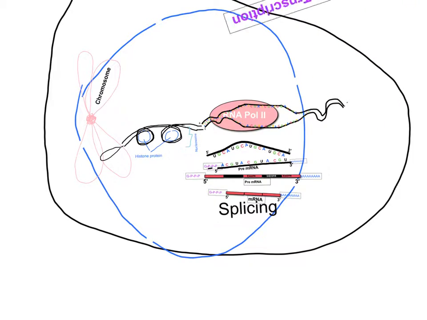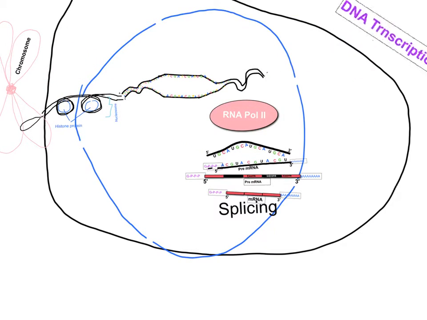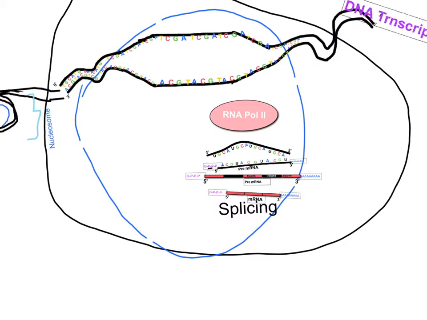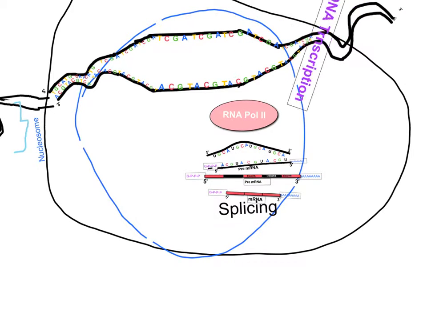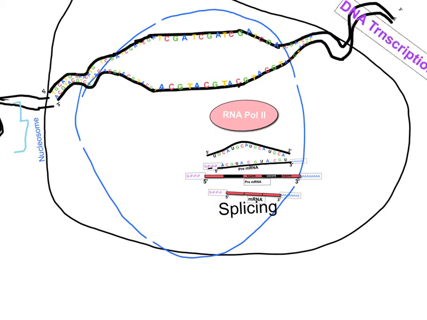So let's look at how a DNA undergoes the process of DNA transcription, meaning making the copy of an RNA. To know more about the structure of DNA, please refer to my previous video, the name of which is structure of DNA and RNA.